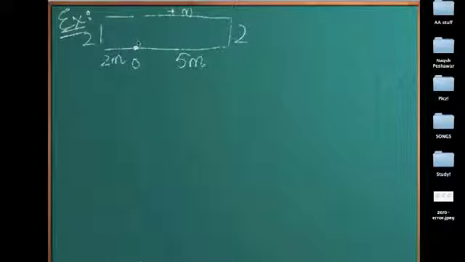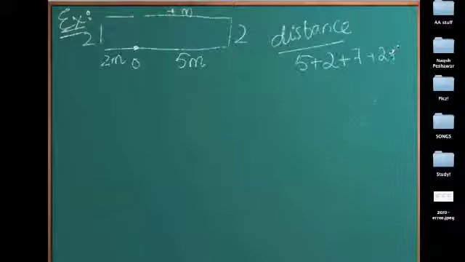So you start from here, run all the way, and then you come back here. I ask you your distance. Your distance would be 5 plus 2 plus 7 plus 2 plus 2. You will just simply add all of these distances. This is 5 plus 2, 7, 7 plus 7, 14, and 4, 18 meters. So the distance is 18 meters.